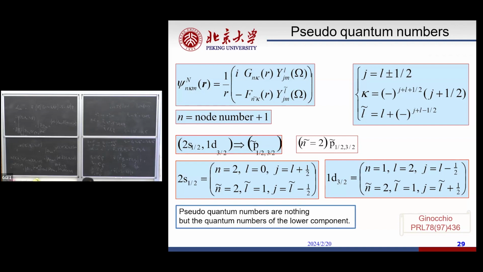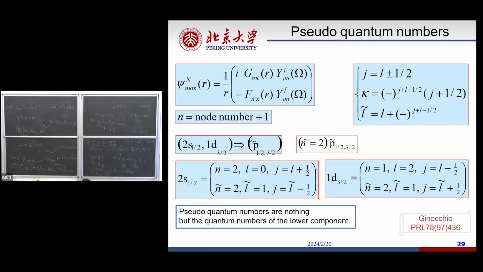And finally, you will see that if you write the wave function in such a way, the individual equation will be much more simplified. The important thing is the quantum numbers. For the radial part, we have n and kappa. n is the so-called node number plus 1 for the radial wave function.